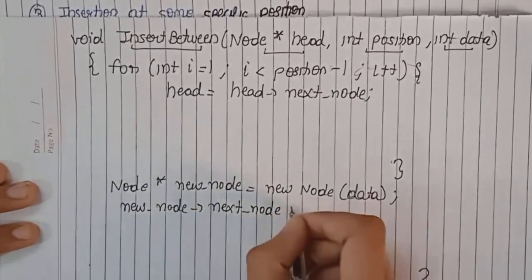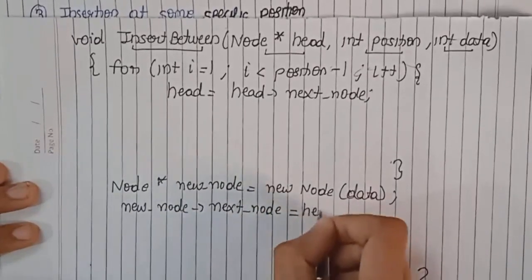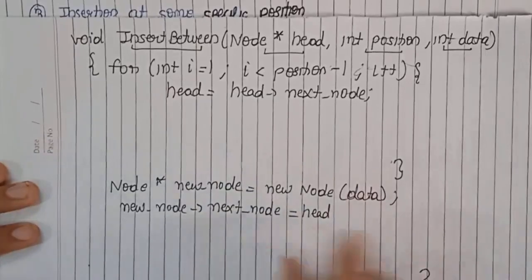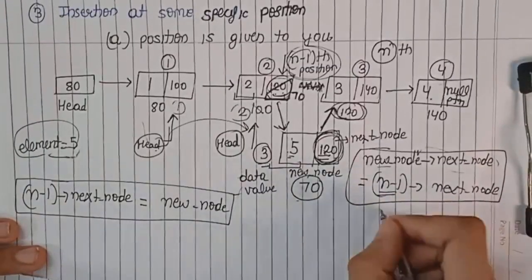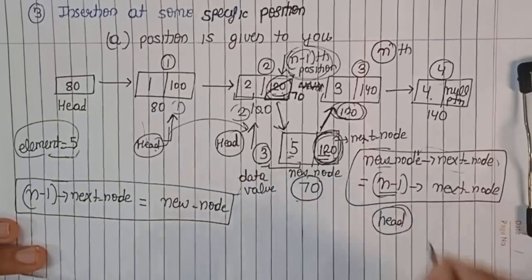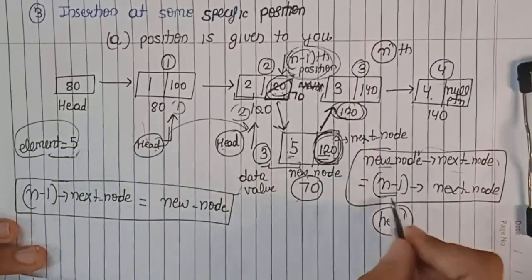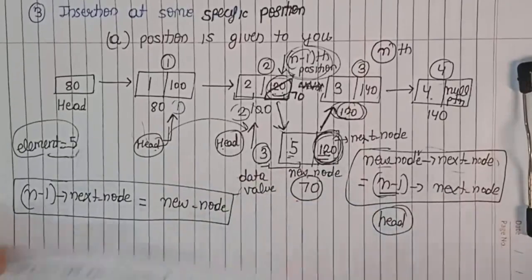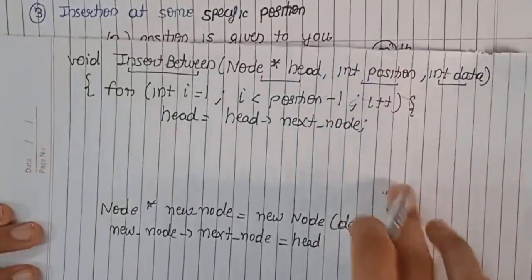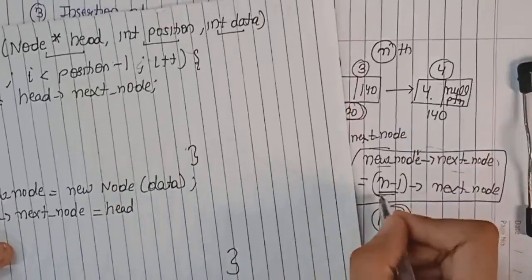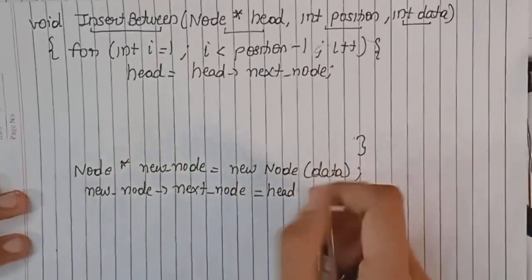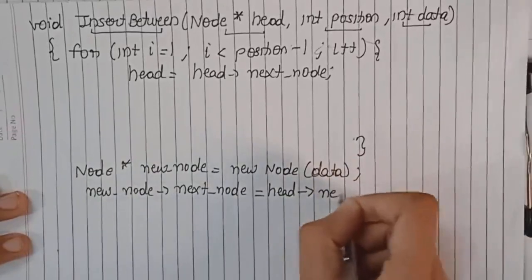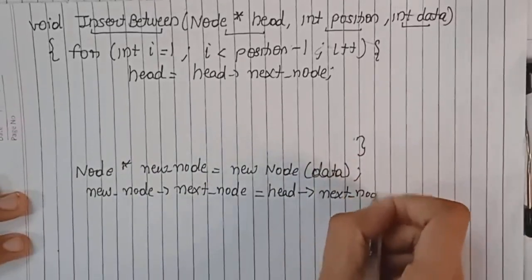So new node next node is equal to, and now you must note that here this n minus 1th node is head now, because now head is pointing to the n minus 1th node after this loop. So here at place of n minus 1 I will write head now. So it is head next node.